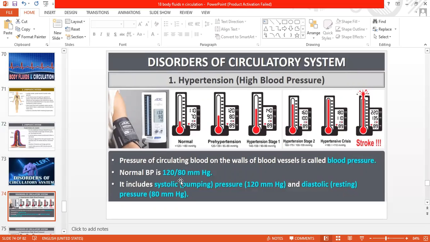Normal blood pressure, you all know, is 120 by 80 mm of Hg. 120 mm of Hg is the systolic pressure, or you can say the pumping pressure, and the 80 mm of Hg is the diastolic pressure or the resting pressure.